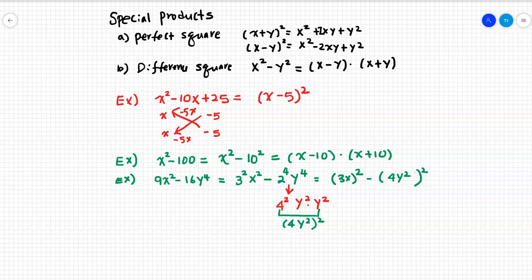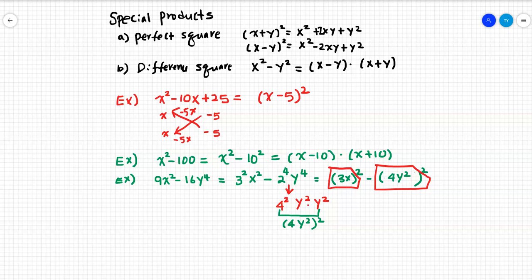So now if you just look at the terms, we have 3x squared, and the whole thing here is the y squared there.